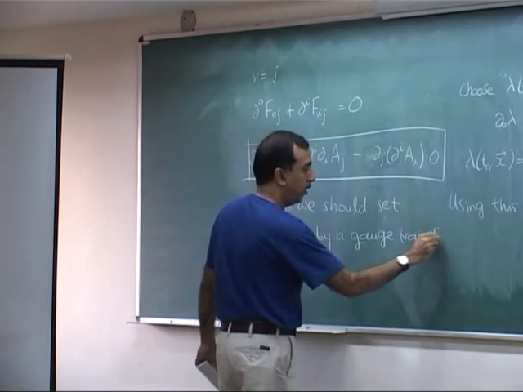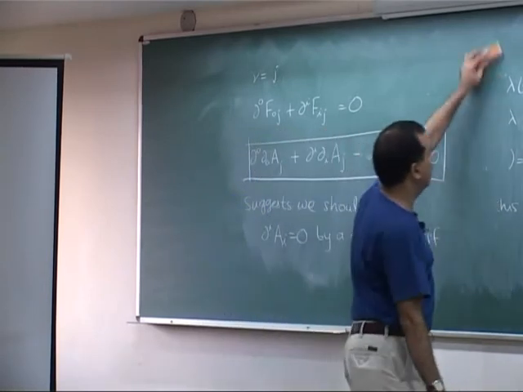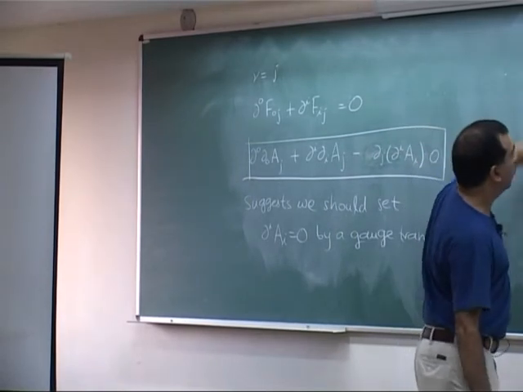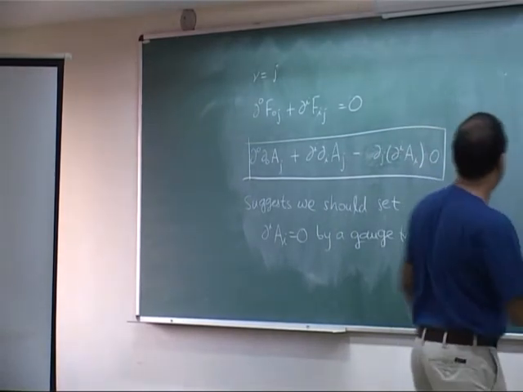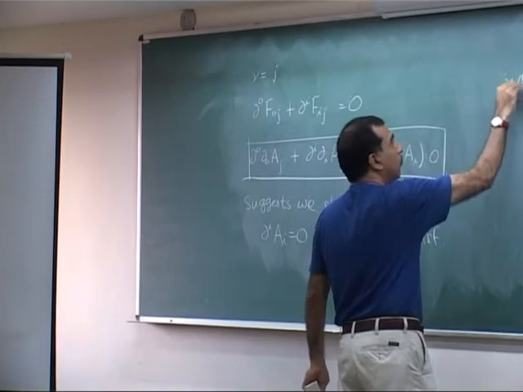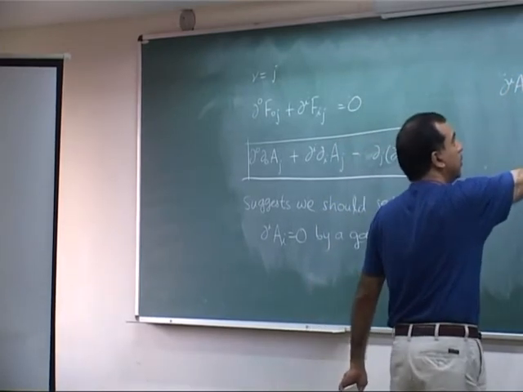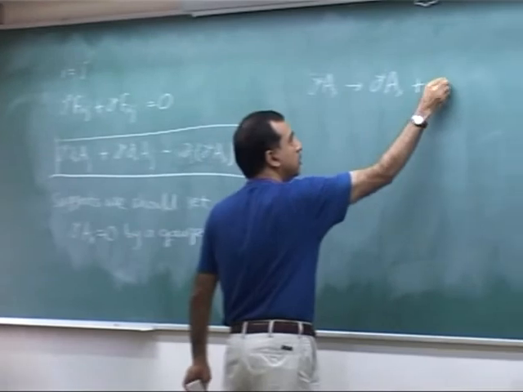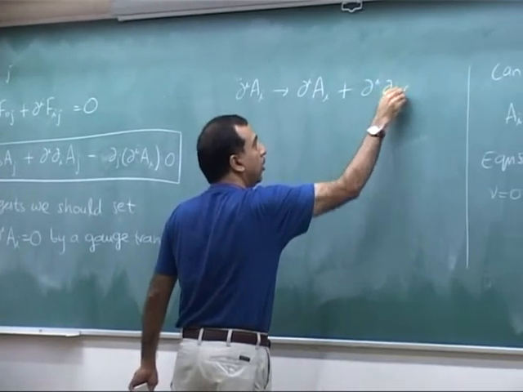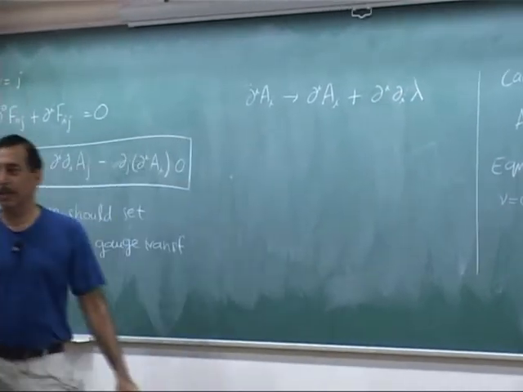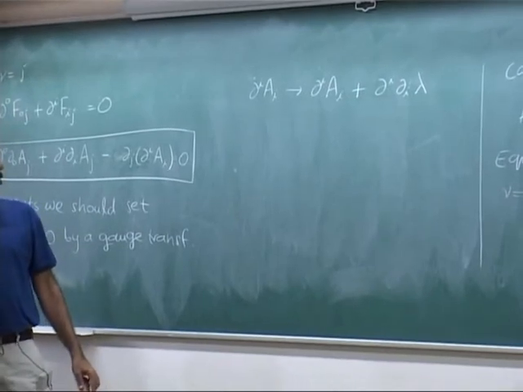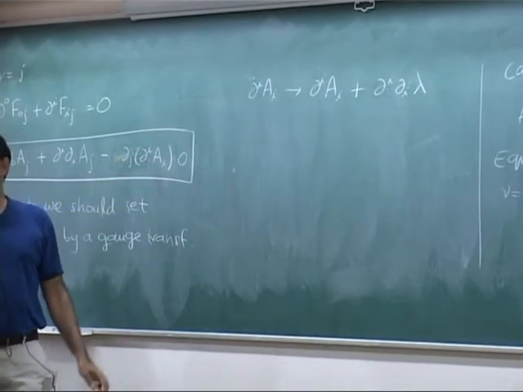So let's see if it's possible to find such a gauge transformation. How does del I AI transform under gauge invariance? Under gauge symmetry, it is del I AI plus del I del I lambda. I just take the three divergence of the gauge transformation, right?